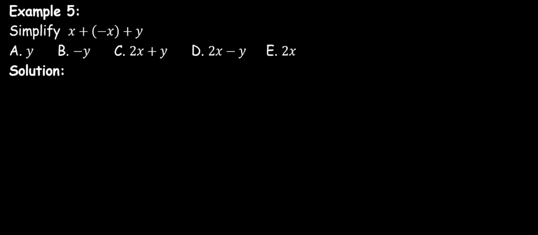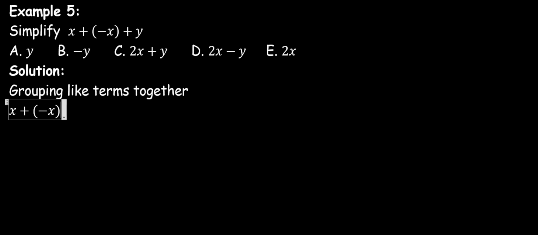Grouping like terms together, we have x plus bracket open minus x bracket close plus y is equals to x minus x plus y. We have just opened up the bracket and the minus came out fully. And that is the same as equals to y. In simplifying here, the x cancelled out. Hence, our result is y.